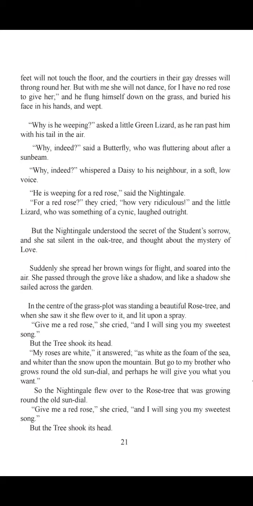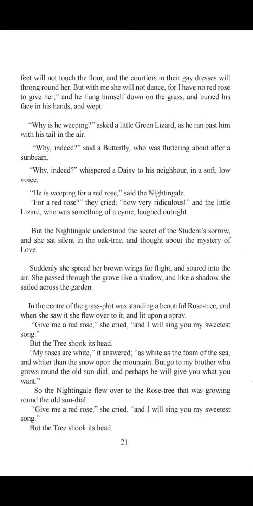"But with me, she will not dance, for I have no red rose to give her." And he flung himself down on the grass and buried his face in his hands and wept. So he kneeled down and kept his hands on his face. And now he's so worried because he cannot give a red rose.